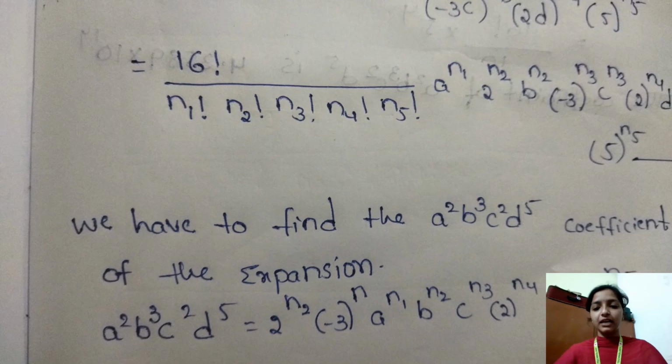We have to find the coefficient of a square b cube c square d power 5 in the expansion.